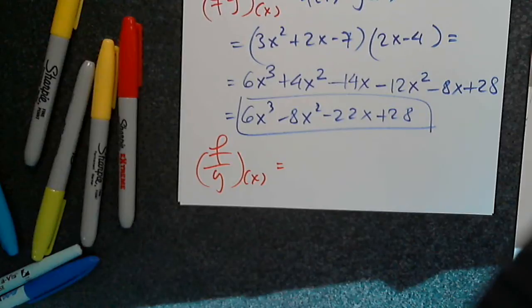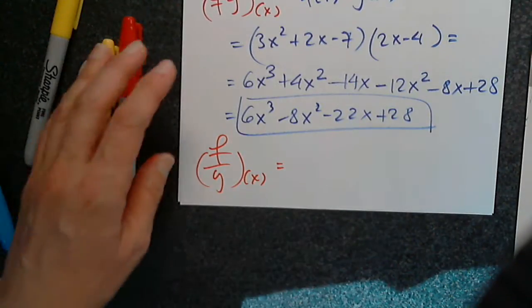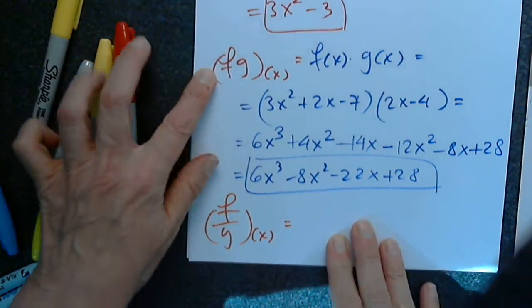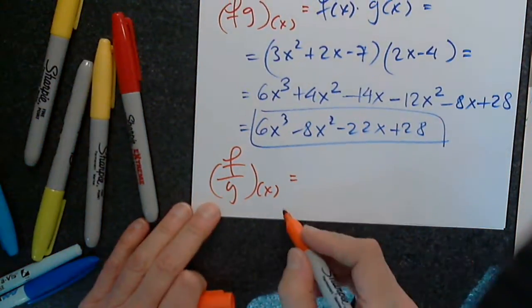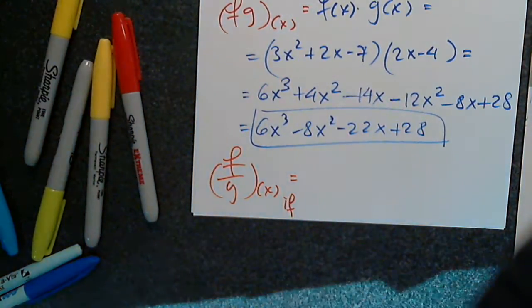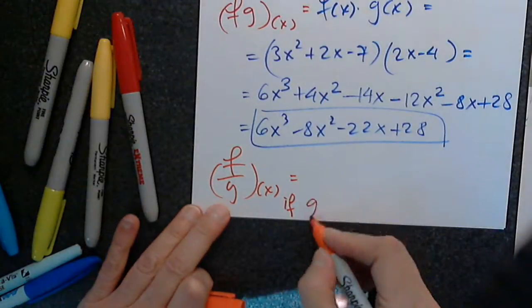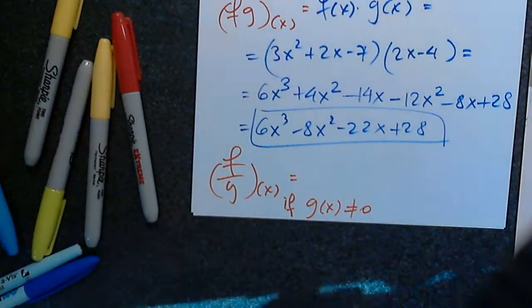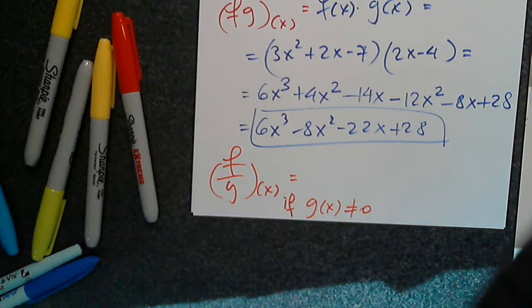Now, we did not say this when we created the sum, the difference and the product. But here I'm going to say if what? If what? Of course. We can get away from what we learned so far.